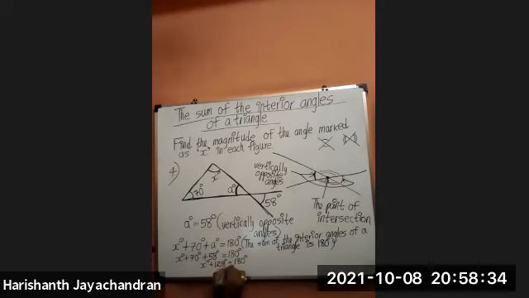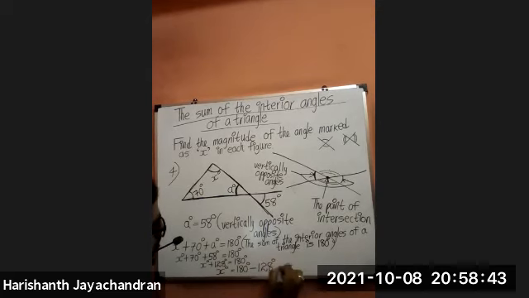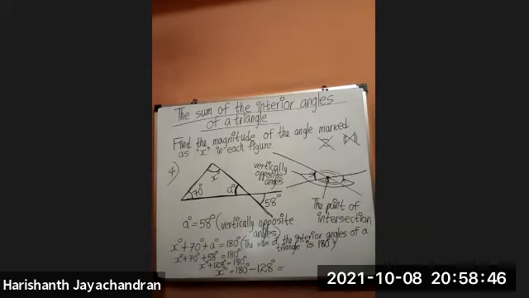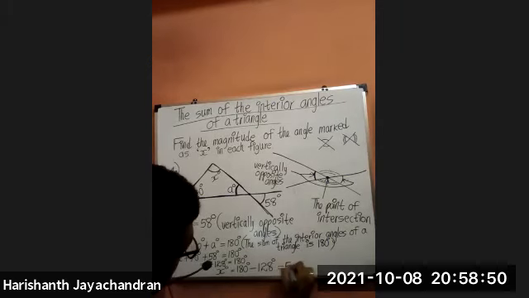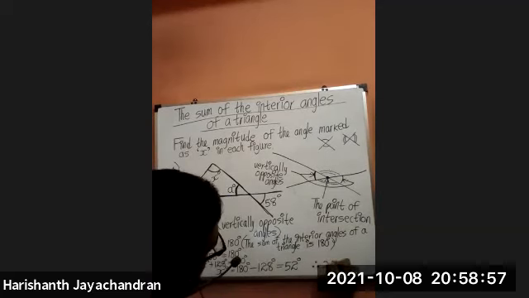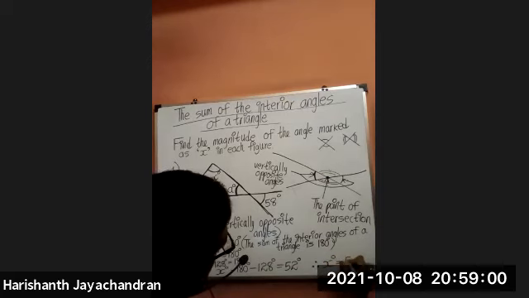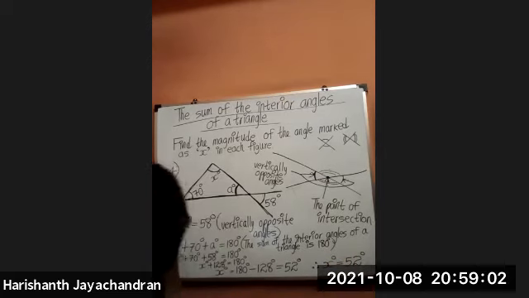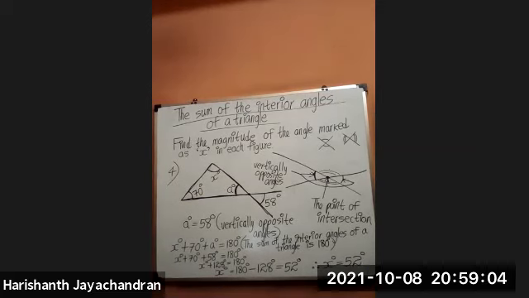So X degrees is equal to 180 degrees minus 128 degrees, which is equal to 52 degrees. So I can point out that X degrees is equal to 52 degrees then.